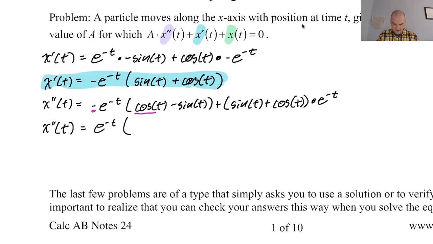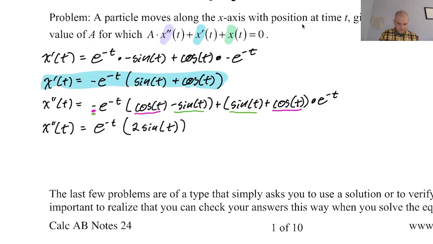So we'll have a negative cosine, and then from the second thing, we'll have a positive cosine. So the cosines are gone, and that's probably good. For the sine terms, because the negative's still sitting there, we'll have a positive sine and then another positive sine. So I think we're left with two sines, so 2 sine of t.